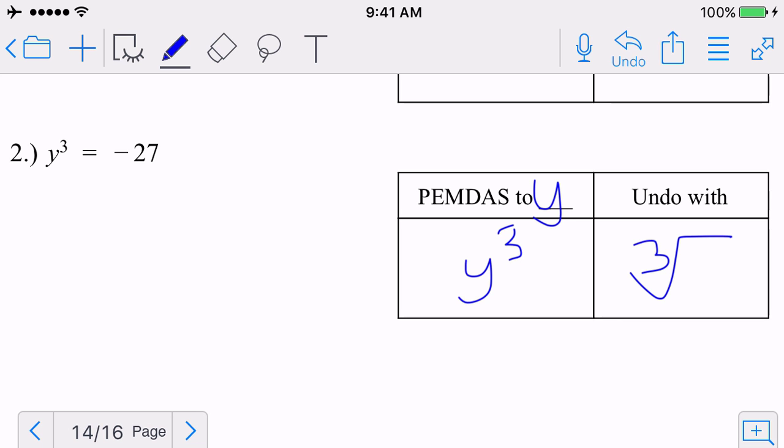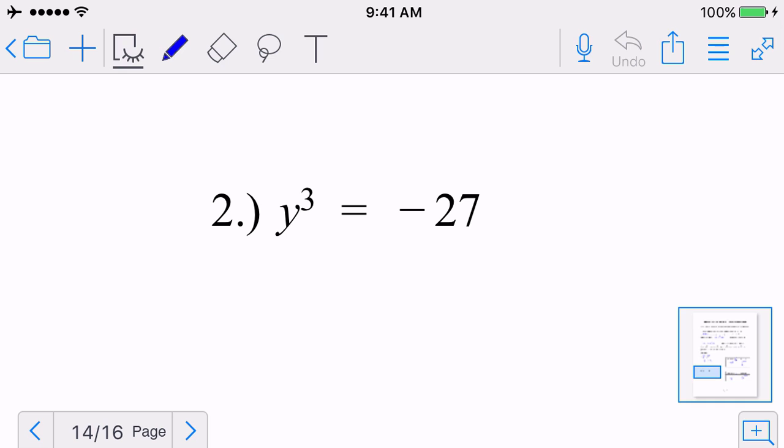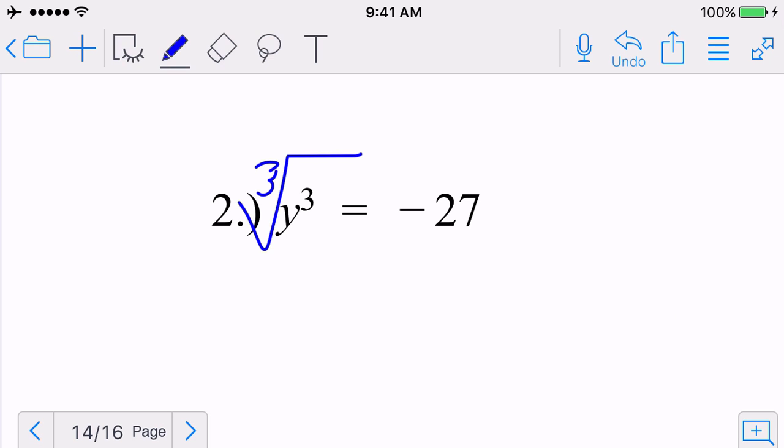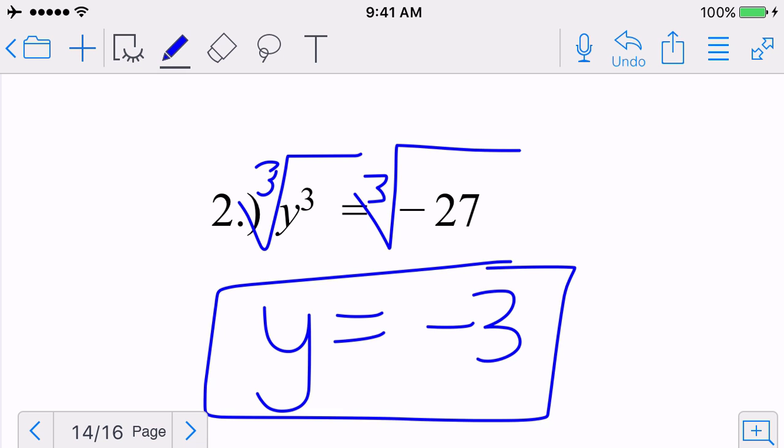So what we're going to have to do over here is take the cube root of both sides. The cube root cancels with the third power, and we're left with y equals, now this one, we're not going to have the plus or minus because the only way to get negative 27 is if we had a negative 3. So that's going to be it.